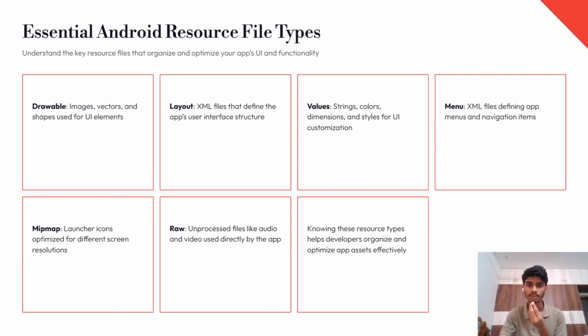Bitmap resources store launcher icons optimized for various screen resolutions, and raw resources hold unprocessed files like audio and video that the app can access directly. And menu resources define the app's navigation menus and toolbar items.